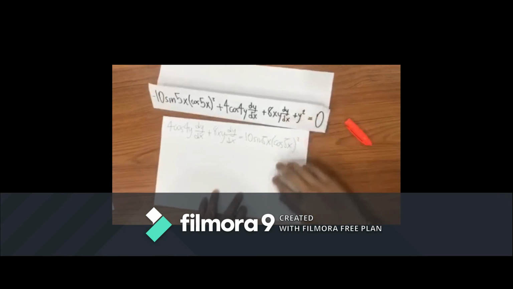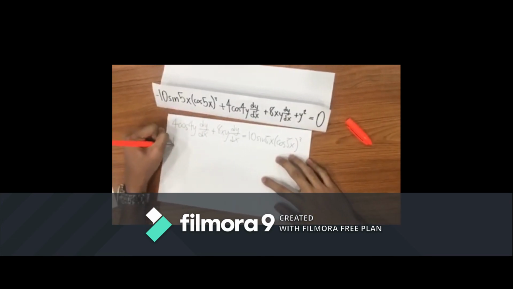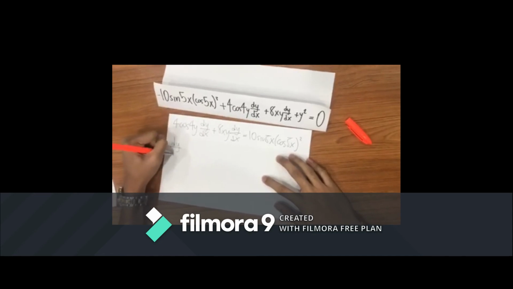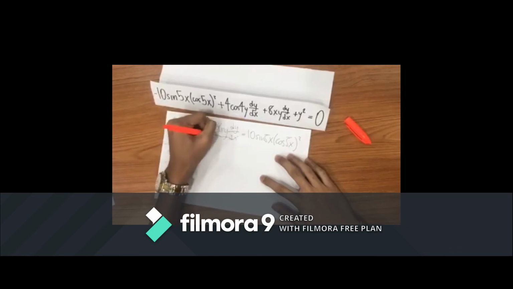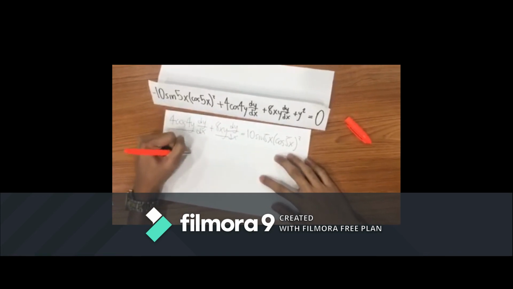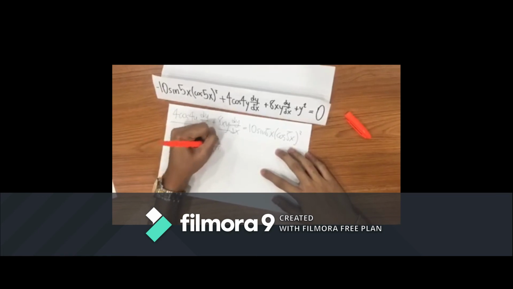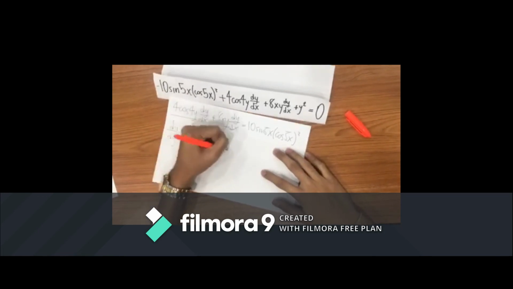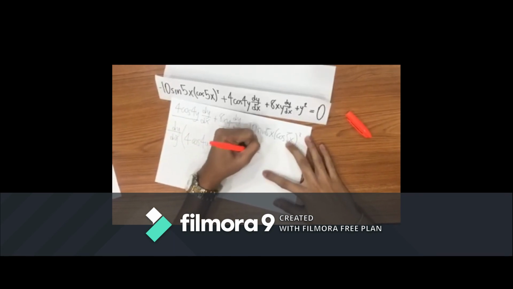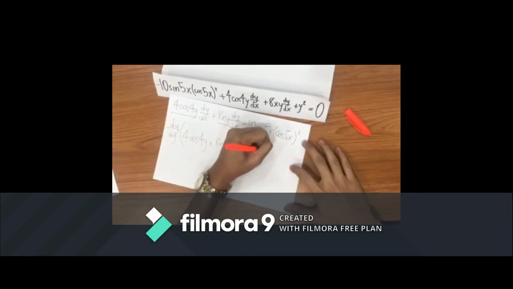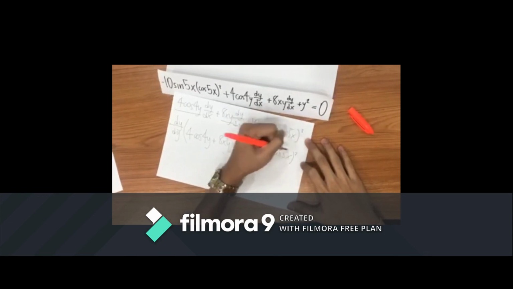So bring out the dy over dx and multiply it to this function: 4 cos 4y plus 8xy is equal to 10 sine 5x times cosine 5x cubed.